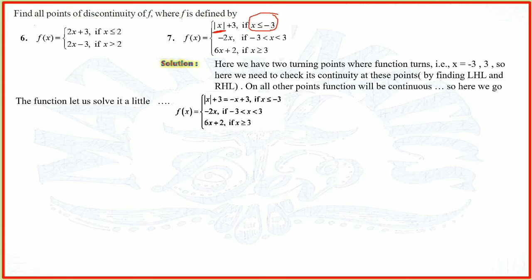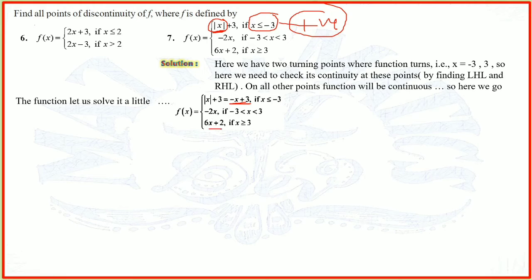Less than minus 3 means minus 4, minus 5. There is no chance of getting a positive number in this case. So this modulus will always be negative. So we remove the modulus and put a minus, because it will always give us a negative value: minus of x plus 3. Now the function is minus x plus 3 when x is less than or equal to minus 3.